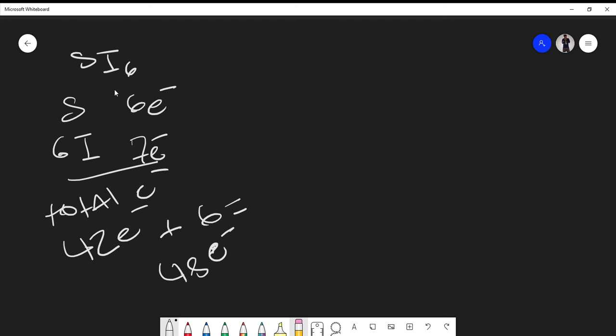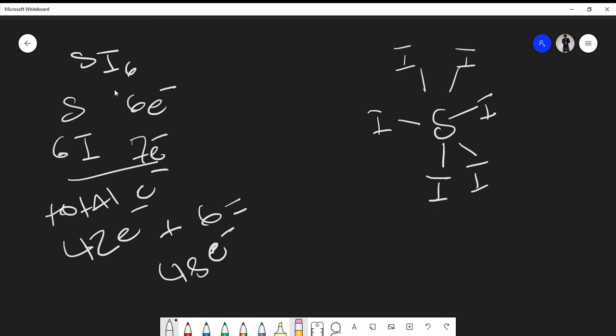All right, so let's go about forming our molecule. We have sulfur in the middle, with 6 iodines around it. I have 1, 2, 3, 4, 5, 6, and they're all single bonded.